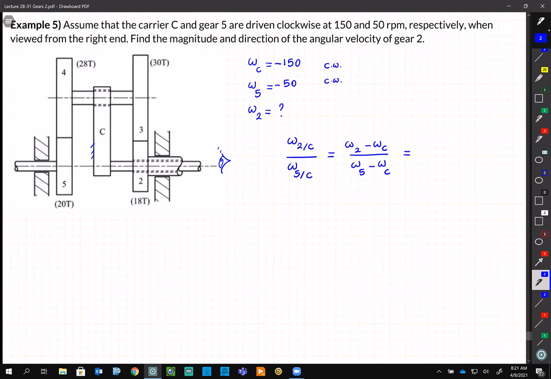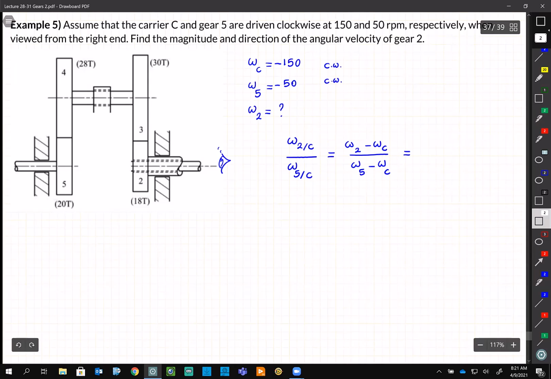On the other side, when we see omega 2 with respect to C, it means now you fix C. And I want you to write down for me what is omega 2 with respect to omega 5 if C is being fixed, if it is just a simple case. And you can visualize that this carrier is no longer there.